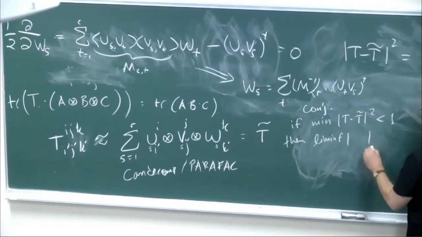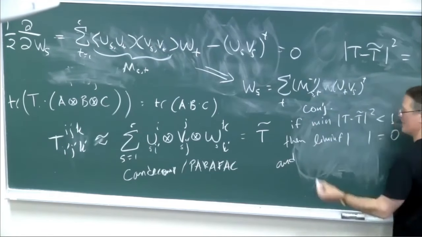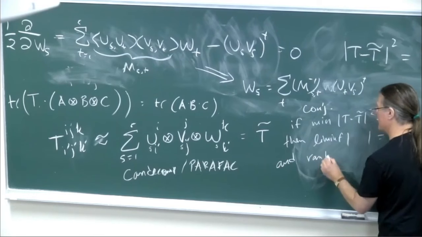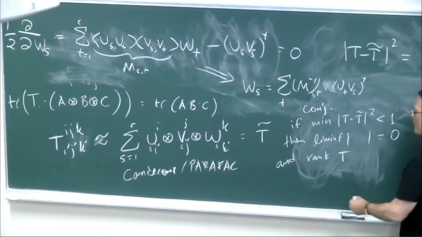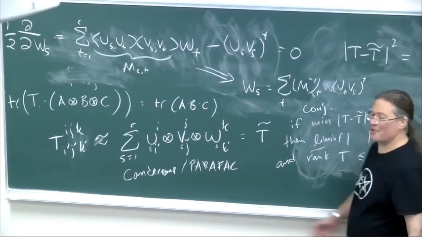Then the lim inf of this is 0, and therefore the tensor rank of matrix multiplication, or maybe the border rank, whatever you call that, is less than or equal to whatever r you had here.